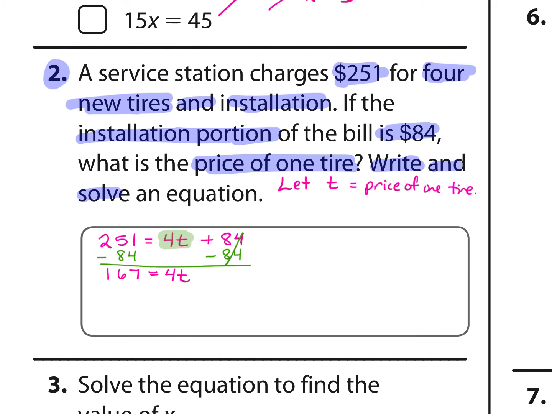We know the cost of all 4 tires put together is $167, but that's the cost of 4. We want to know the cost of 1, so let's divide both sides by 4 to get T, the cost of 1 tire, by itself, and that comes out to 41.75, which means the price of 1 tire is $41.75.